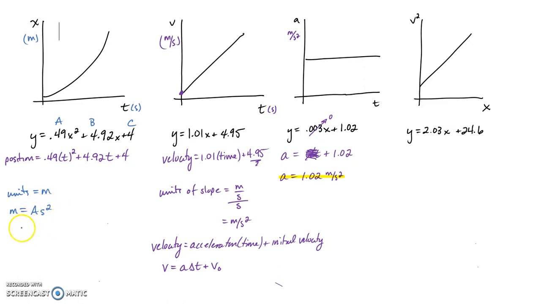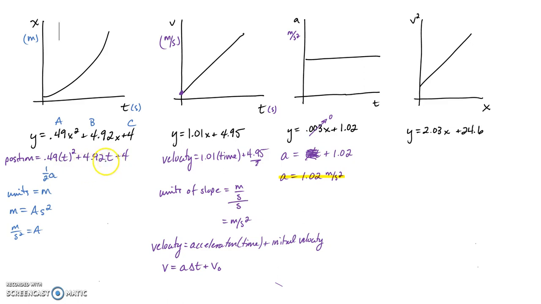So if I solve for A, I really get meters per second squared are my units for A. Huh. Well, that's interesting, because meters per second squared we know are the units of acceleration. So that means that my A value is probably related to acceleration, but let's see, 1 and then 0.49. This is like, that's about equal to 0.5, and that's equal to 1, so this is actually equal to 1/2 my acceleration. Interesting.